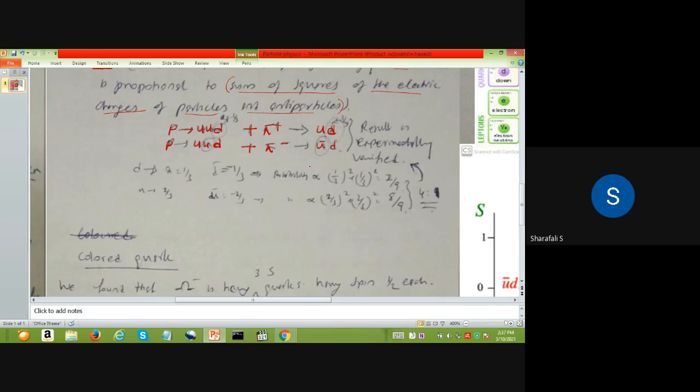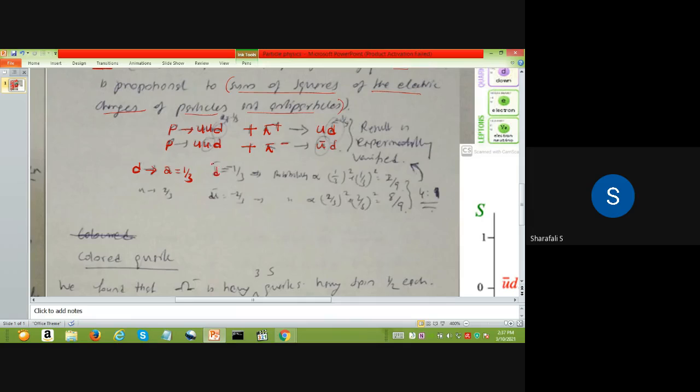Okay. In this particular case, if you consider the charges of this reaction, for example, for the down quark we have a charge of 1 by 3.